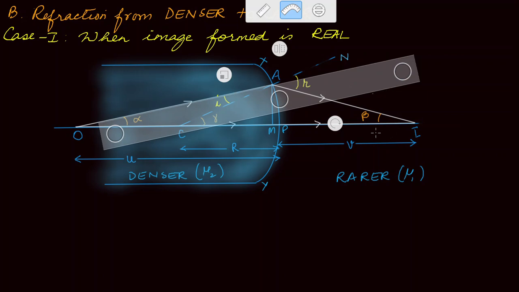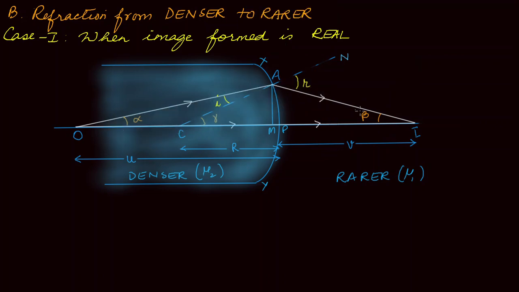Yes or no? Why away? Because it is traveling from denser to rarer medium. Got it? So it bends like this, and these two rays converge and meet at this point where the image is formed. So there is the real image.